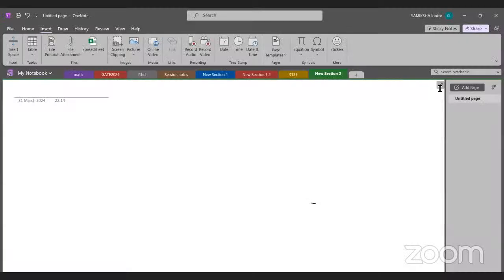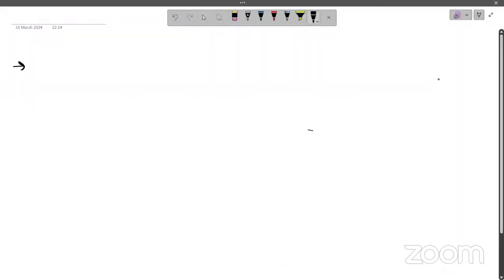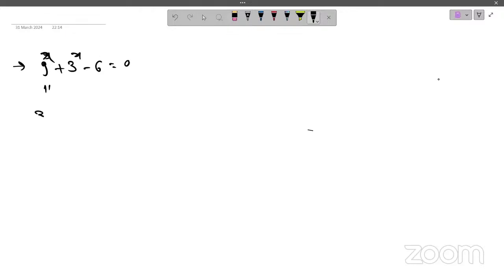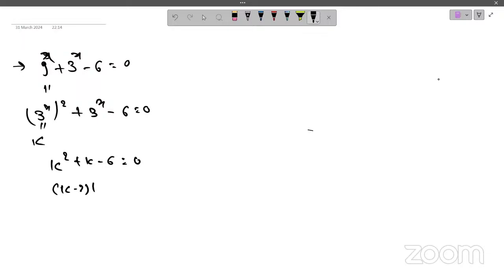Whatever approach you have used, this was correct. The screen is visible, right? Yes, ma'am. The question is 9 to the power x plus 3 to the power x minus 6 is equal to 0. You have written 3 to the power x whole square plus 3 to the power x minus 6 equals 0. Let this be k, so k square plus k minus 6 is equal to 0, which becomes k minus 2, k minus 3.